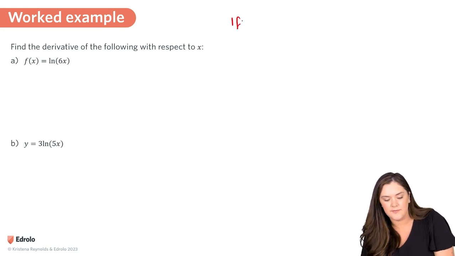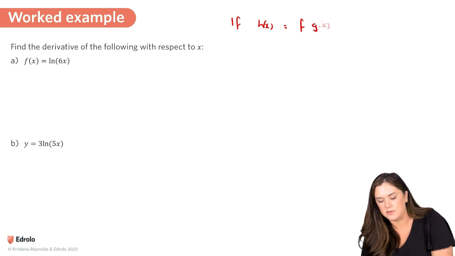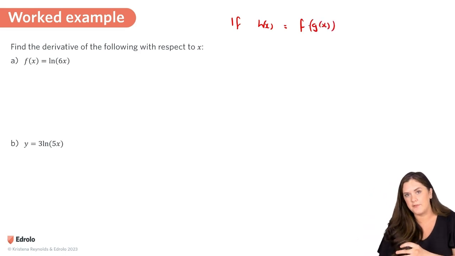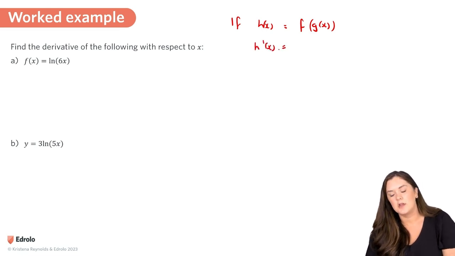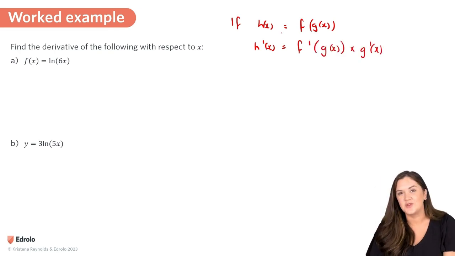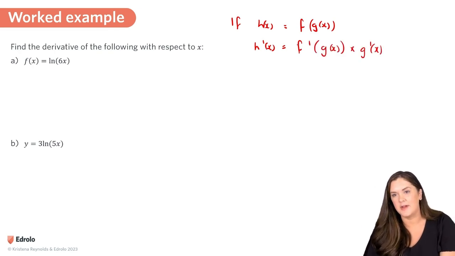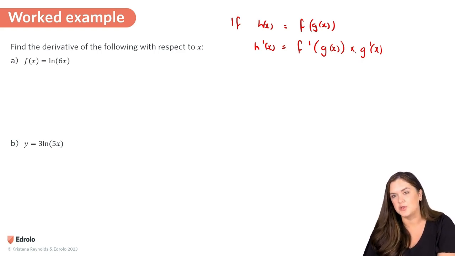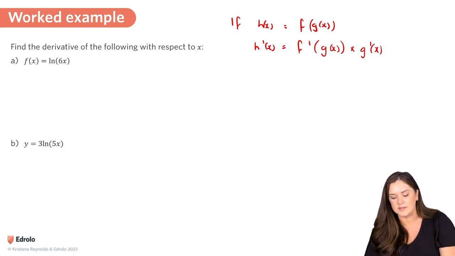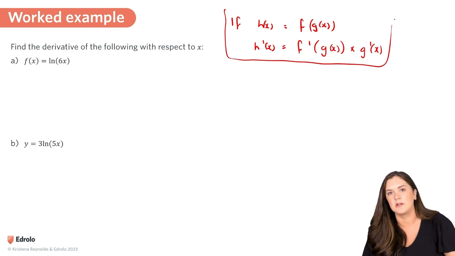If we have h of x equaling a function of g of x, so a function within a function, then our derivative h prime of x is the derivative of f, so f prime, with g of x in the middle there, multiplied by the derivative of g of x. So just remembering this part here to help us with our examples.